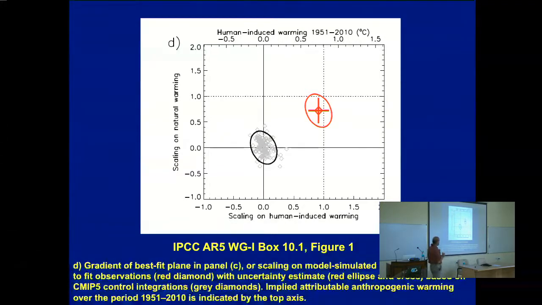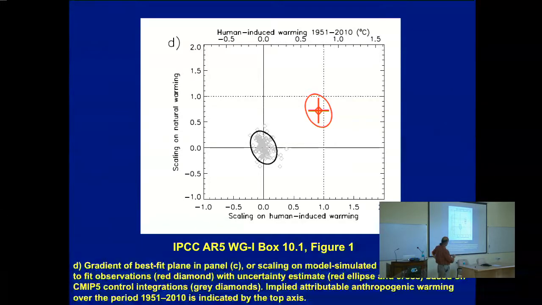Okay? So all you're doing is linearly adding up those two curves with some weightage. Now, if it were exactly 1, 1, that means you add those two curves up and you will get the observations.